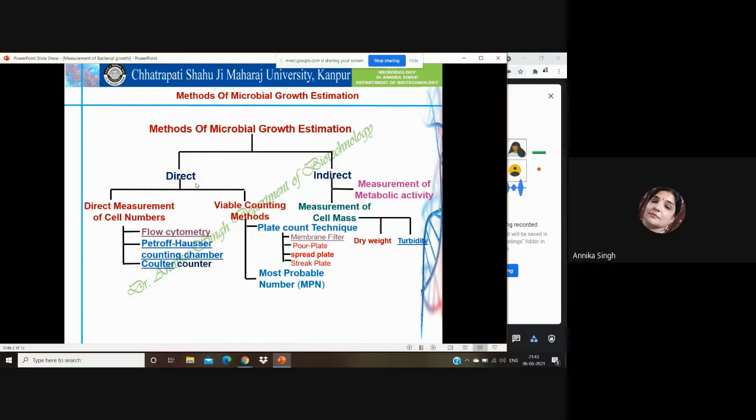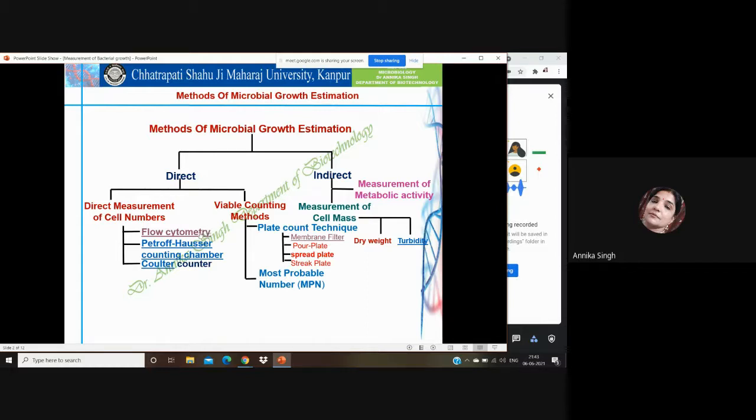First of all, we would like to talk about the flow cytometry method. This flow cytometry method is increasingly being used to directly count microbes and to get detailed information about the microorganisms.